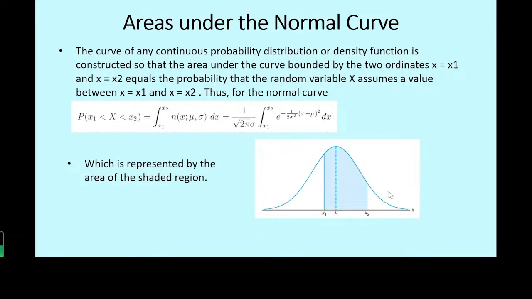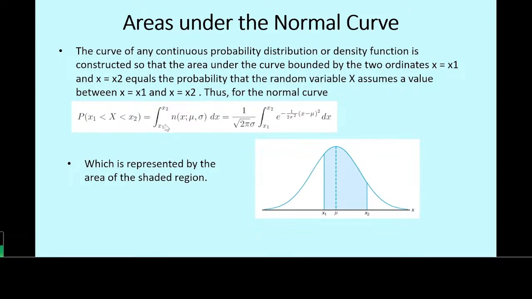This is the density curve for a continuous random variable, and this shaded area represents the probability that X takes a value between x1 and x2.